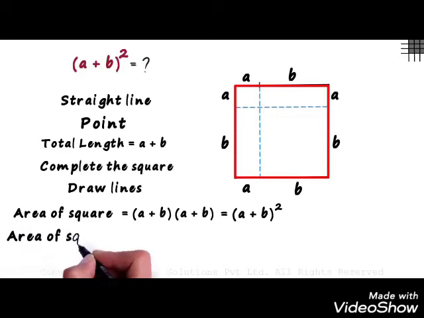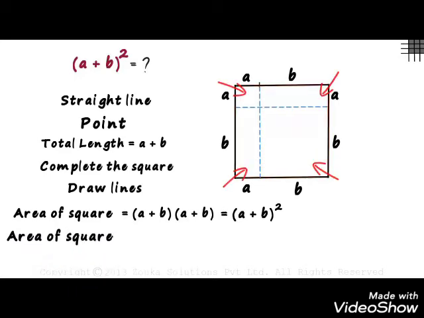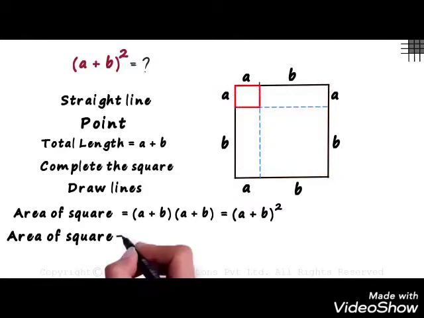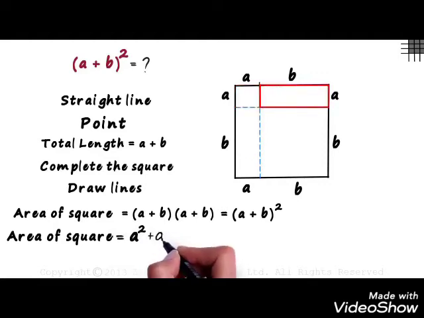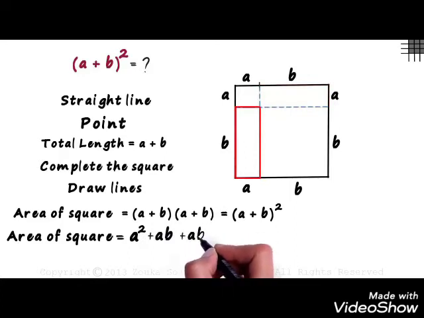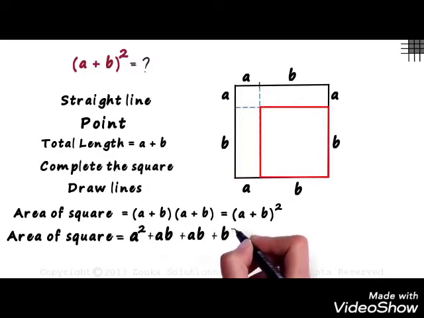The area of this square will also equal the sum of the areas of the four parts. The area will be the sum of the area of this square, which is a squared, and the area of this rectangle, a multiplied by b, and the area of this rectangle, a multiplied by b, and the area of this square, which is b squared.